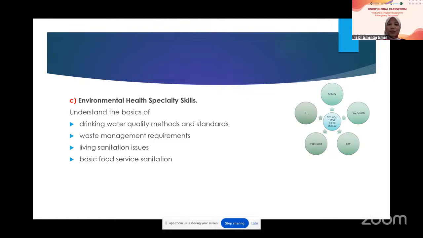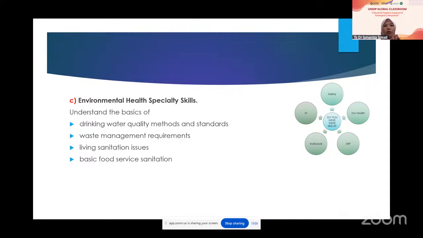You may survive a chemical incident, but you may fall sick from contaminated water, because during emergencies people may be gathered in, in Malaysia it's called pusat pemindahan mangsa banjir, for instance. All these victims are gathered in an area where they are provided with tents so that they can stay there for several days until everything is okay.